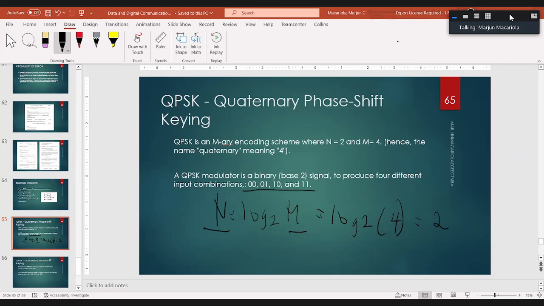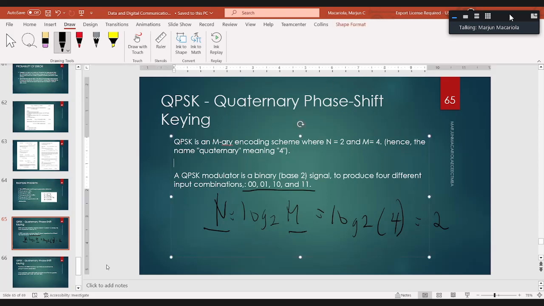It is also called QPSK for the reason that if it has 4 different input combinations, it also has 4 different output combinations. So mamaya makikita nyo kung ano yung mga output combinations na yon.